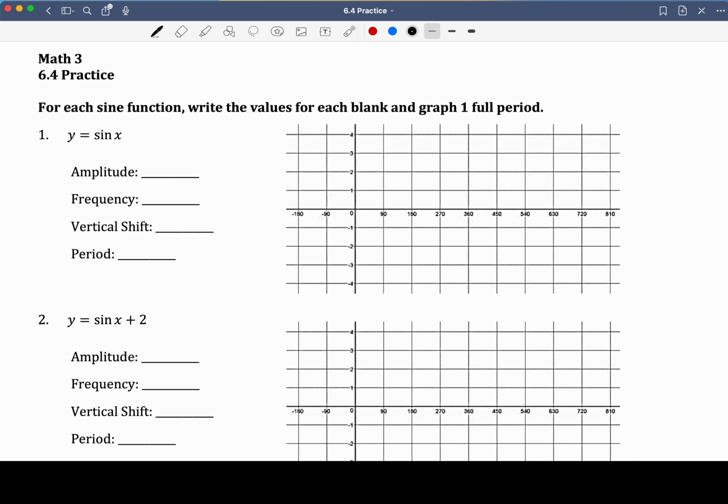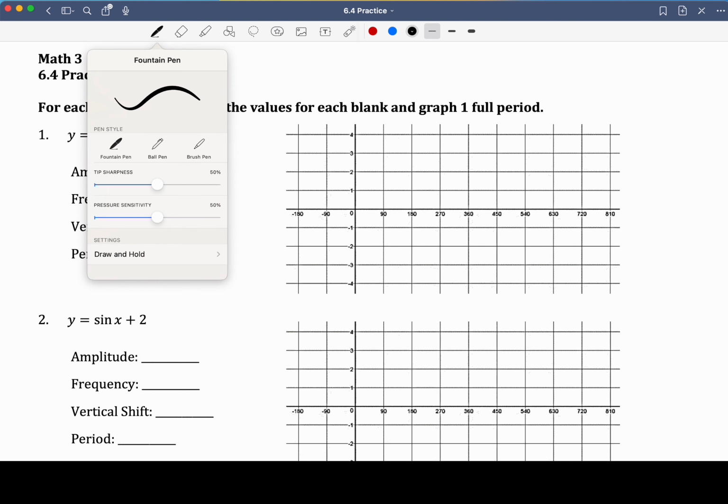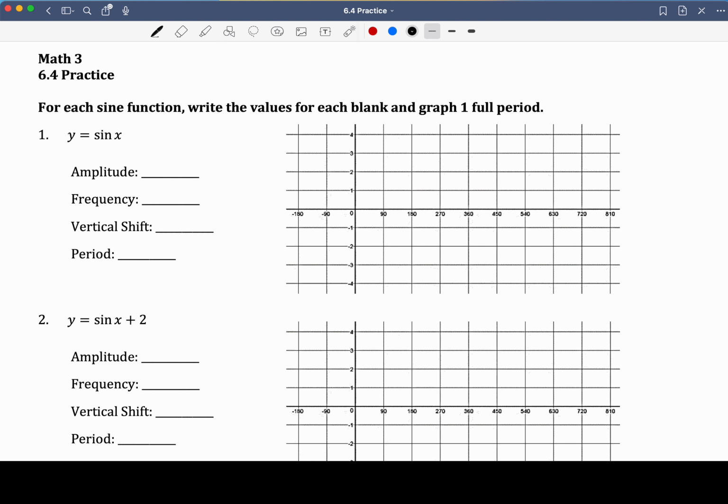All right, so when we come over here and you see that it's y equals sine of x, remember the general form is y equal to our amplitude, sine of our b, which is our frequency, plus c, which is our vertical shift.